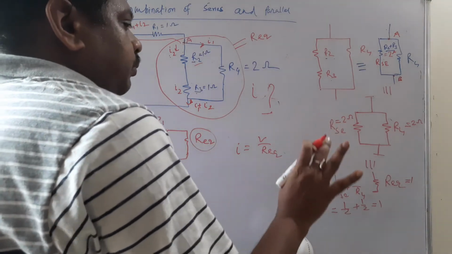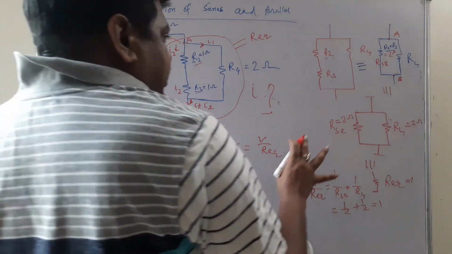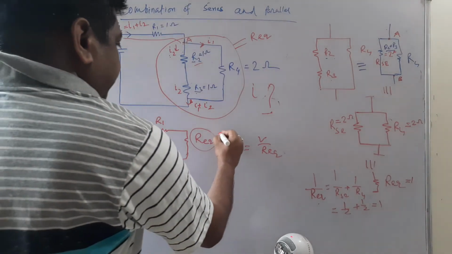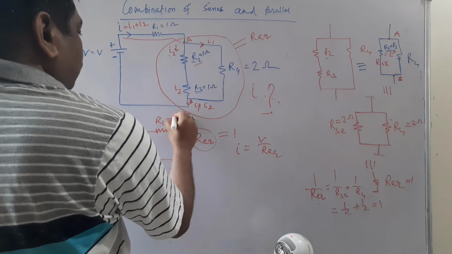So now it is clear to you the difference between series and parallel connections. So this Req is 1 and this R1 was already 1 ohm.